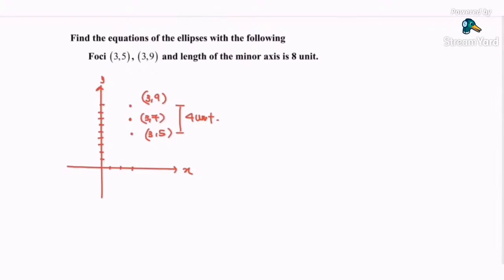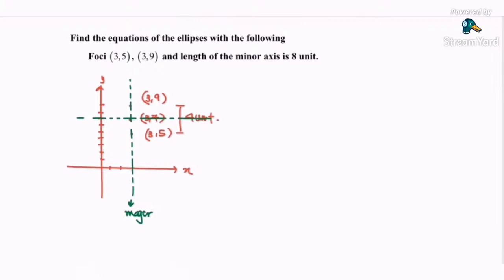As we all know, the major and the minor axis will pass by the center. So in here we have the foci and the center, and after that, we notice that this is the major axis, and the minor axis is 8 units. So the length of the minor axis is 8 units, which means we have to divide by 2, so we will have 4.